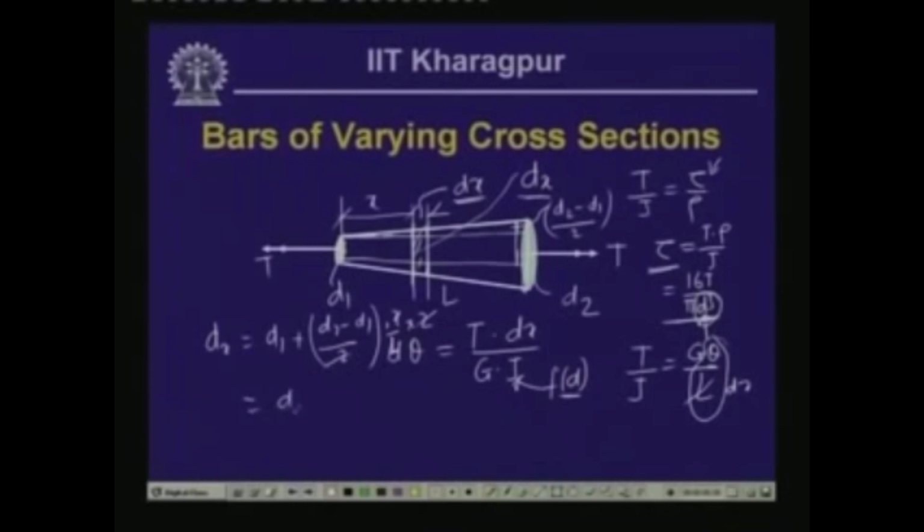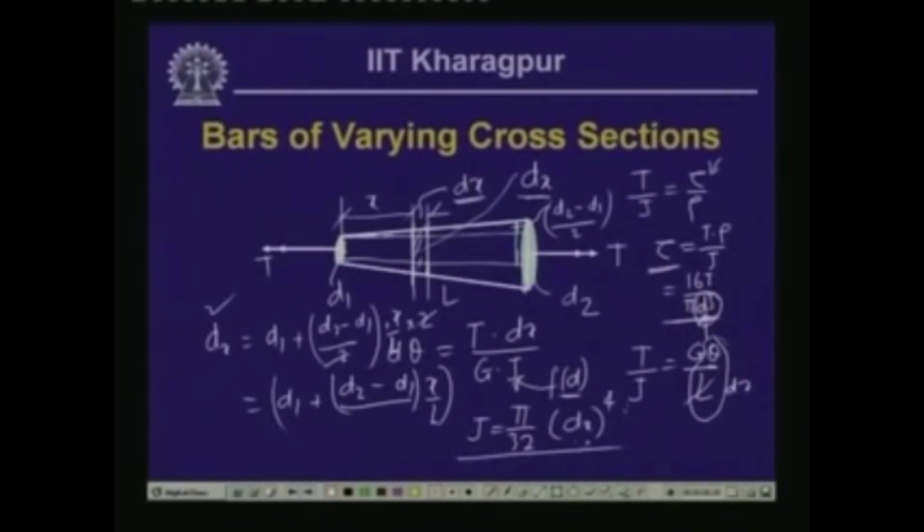So, this is equal to d1 plus (d2 minus d1) times x by L. So, this is the diameter dx, and correspondingly the value of polar moment of inertia will be pi by 32 dx to the power 4. So, dx is now a function of x.